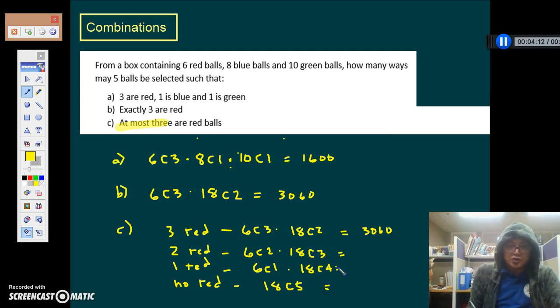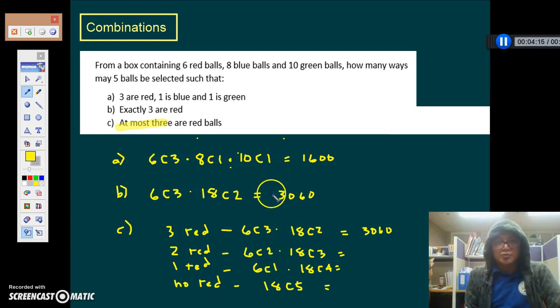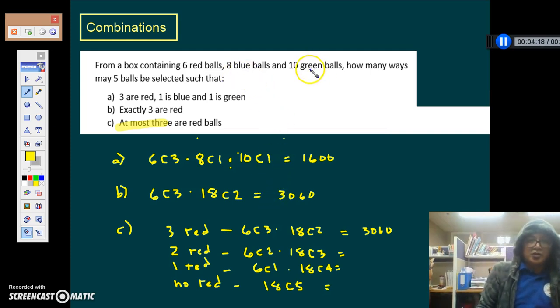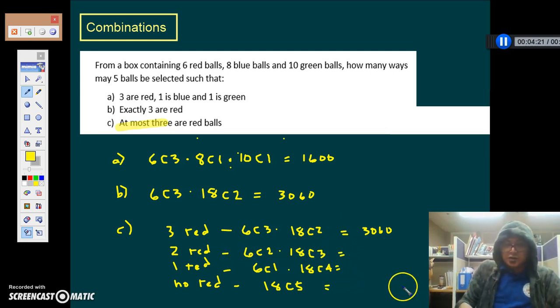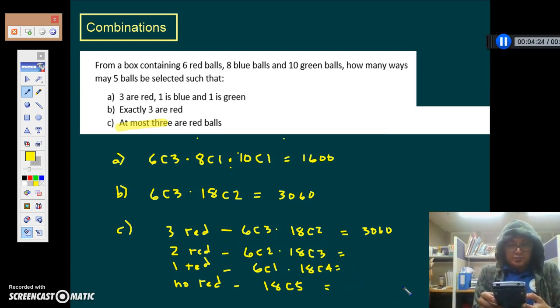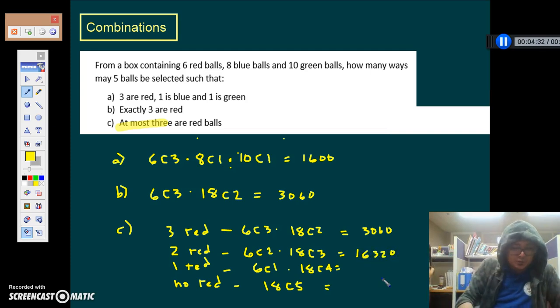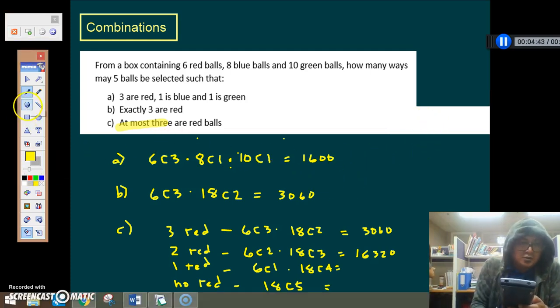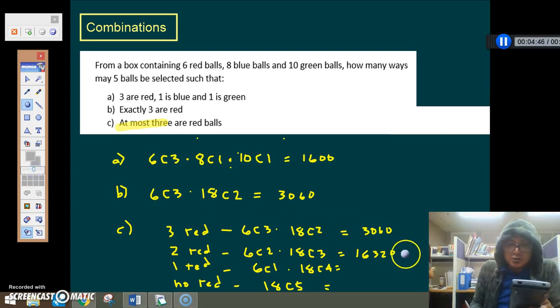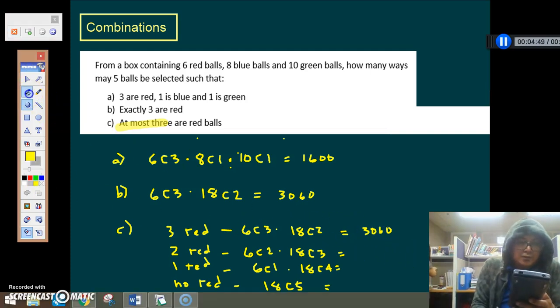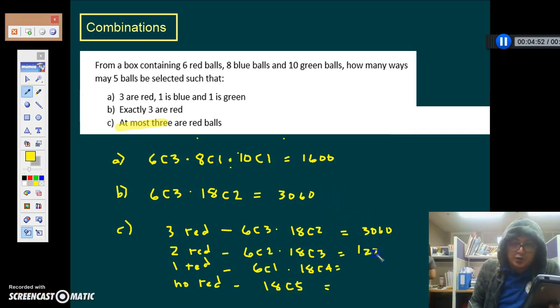So remember, it doesn't mention whether you want the balls to be blue or green, so just combine them, 8 and 10, that's not red. So you have 6C2 times 18C3, that will be 16,320. Wait, so 6C2 times 18C3 is not 16,320, it is 12,240.